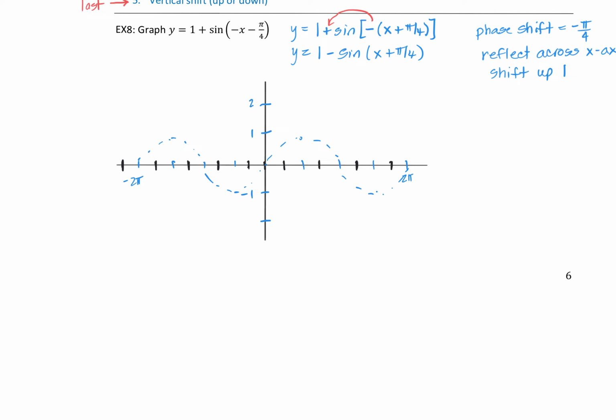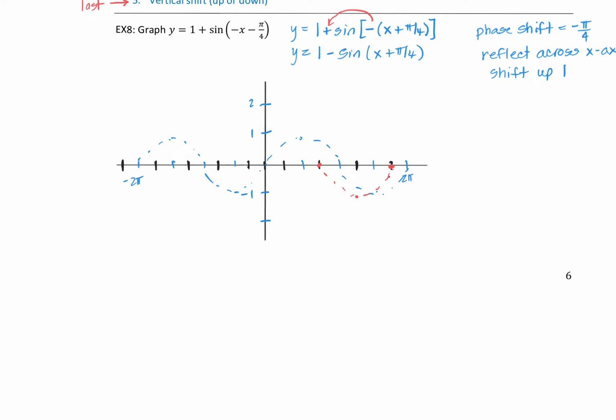I'm going to go ahead and shift it. You know what, I'm going to do red. So when I shift it, this 0 is going to be here. And then it's going to go down to -1. Back up to 0.